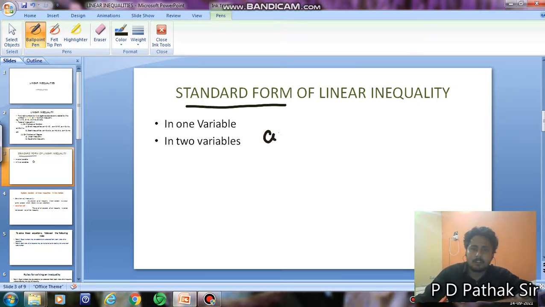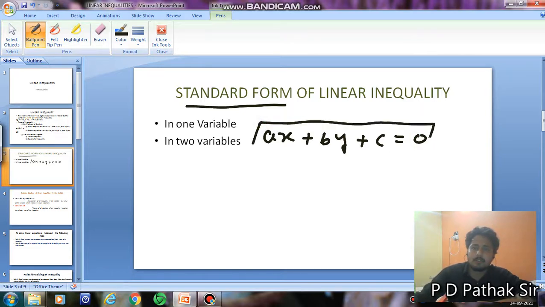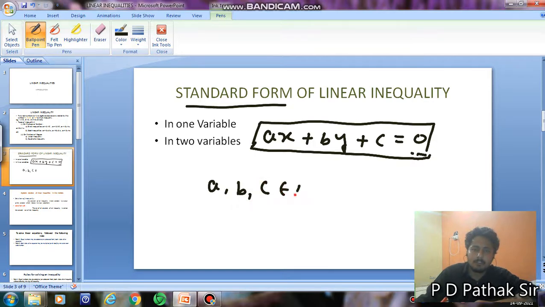In 10th class or in ninth class you have studied that ax plus by plus c equals 0 is the standard form of linear equation in two variables, but it is incomplete because you also have to write where a, b, c belong to R and a and b both together cannot equal 0.